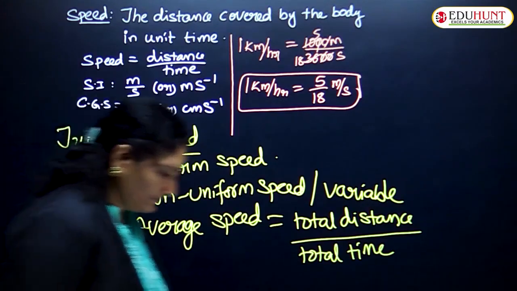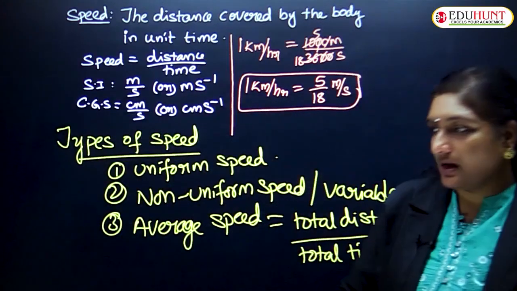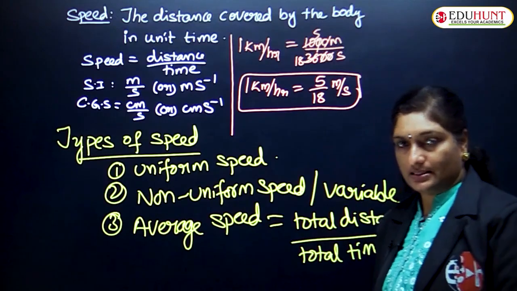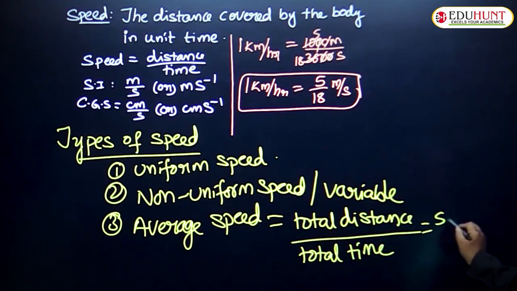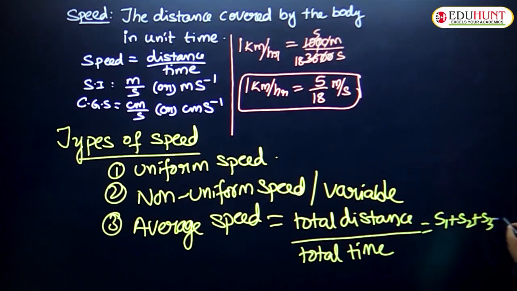For example, whenever a body covers unequal distances in unequal intervals of time, let us say S1 is the first distance, S2 another distance, S3 another distance, and so on up to Sn, different distances in different time intervals.